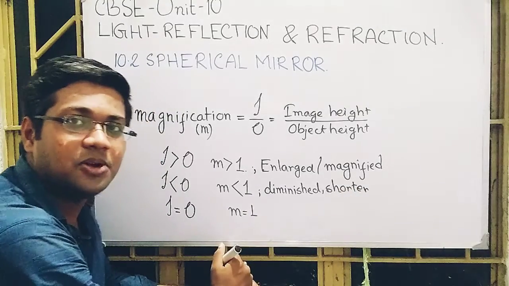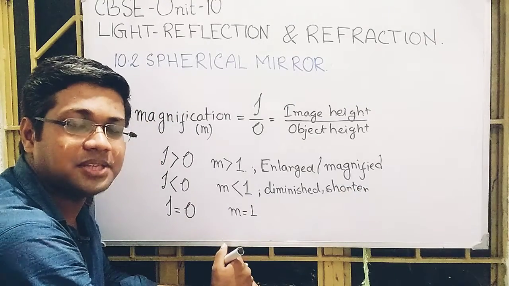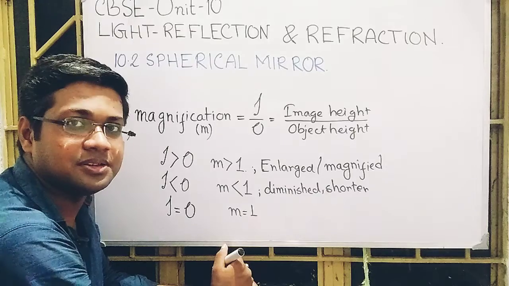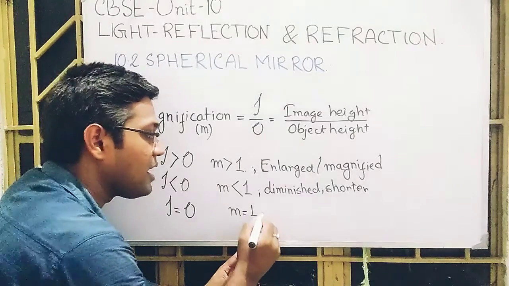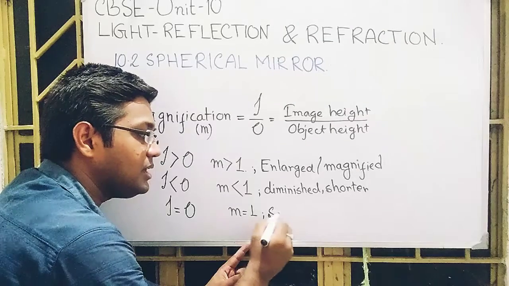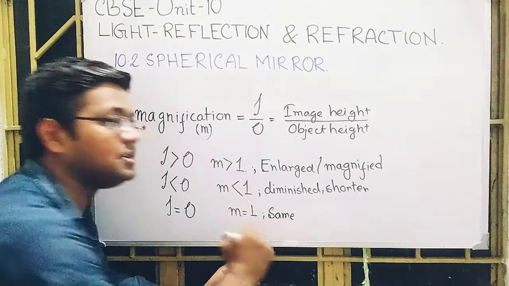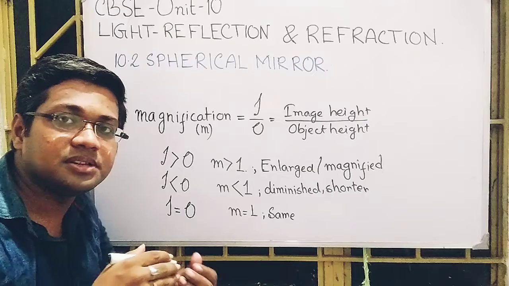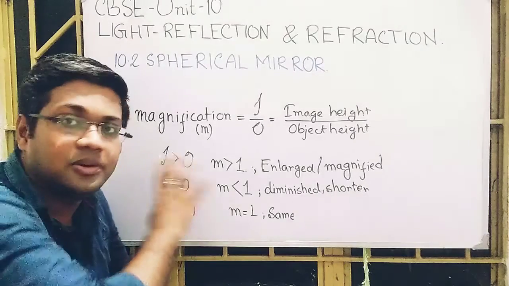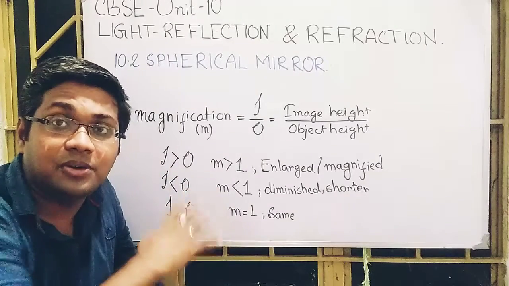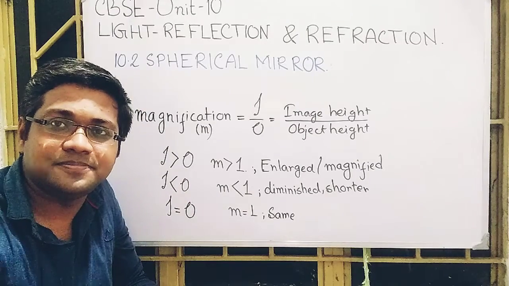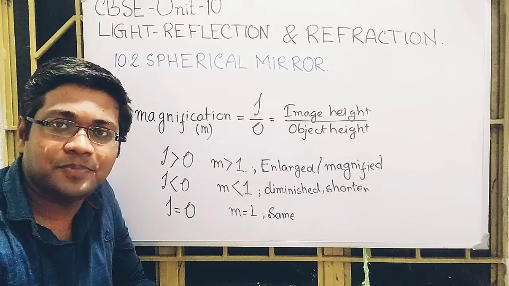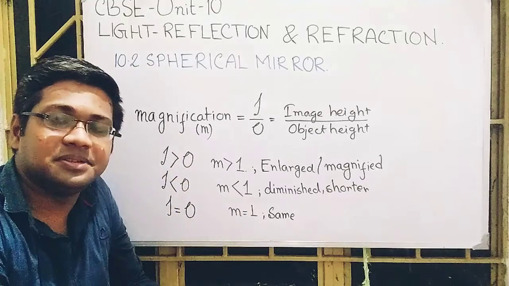If m is equal to 1, the image height is equal to that of the object, and we say it is of the same size as the object. These things we will find out when we are drawing the ray diagrams that we have seen in the NCERT book. Okay, so this is the magnification.